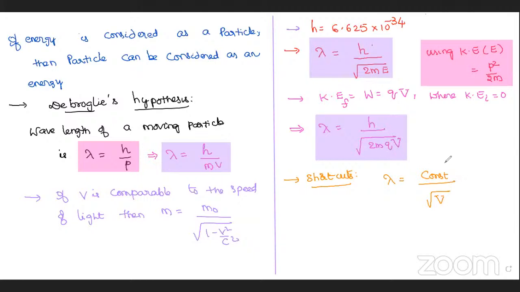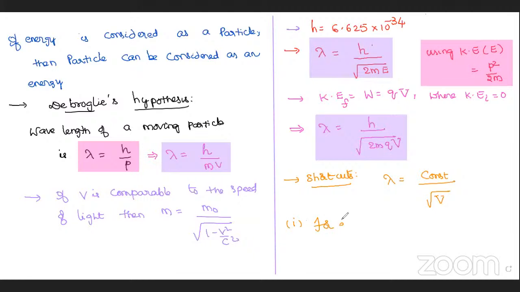That constant value we have to tell either in nanometers, that is into 10 power minus 9, or angstroms, into 10 power minus 10.